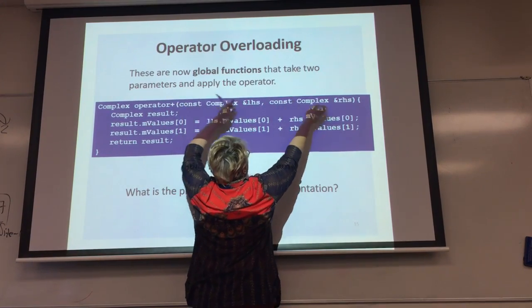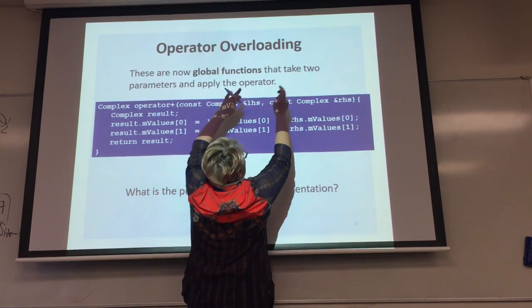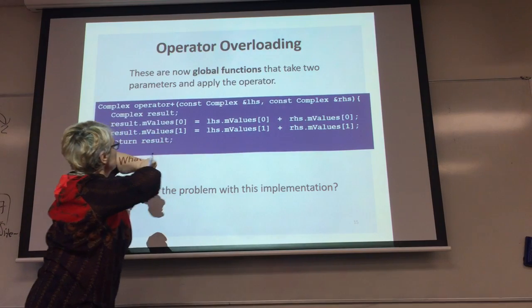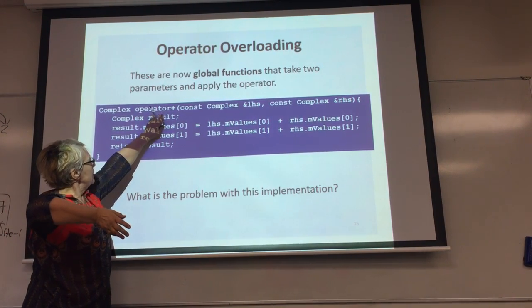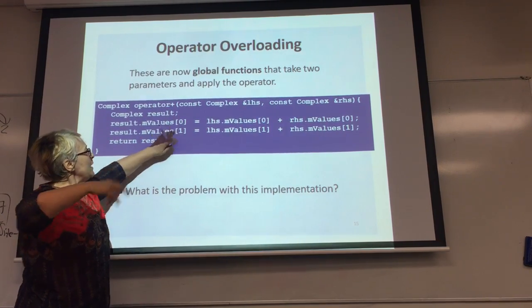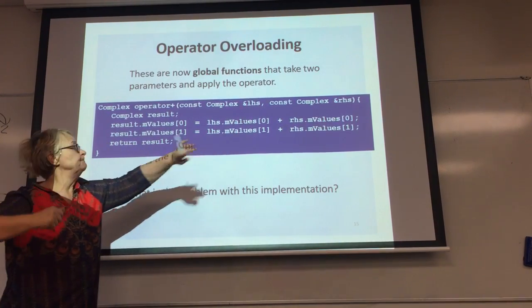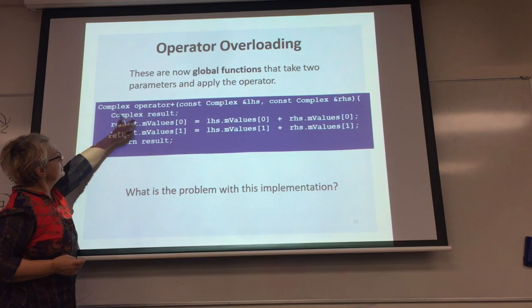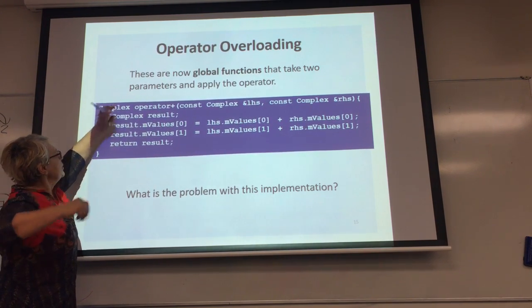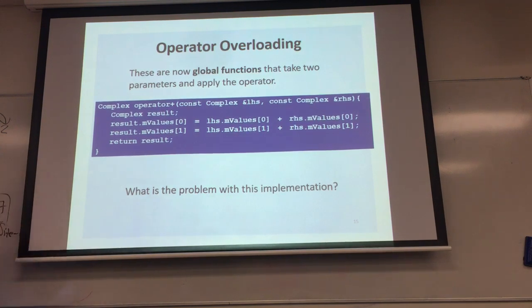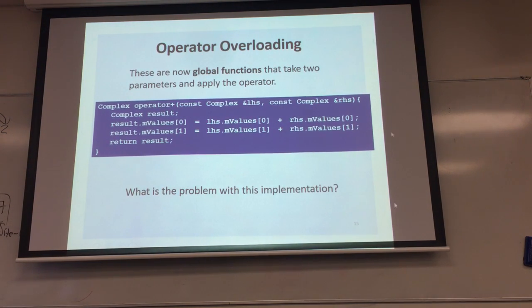They are constant reference, no change to them, reference efficient. And what we do, we create a local variable in which we store those values, right? Result with m value 0. So this is a new value, perfect, and we return it. Easy peasy. What's wrong here?